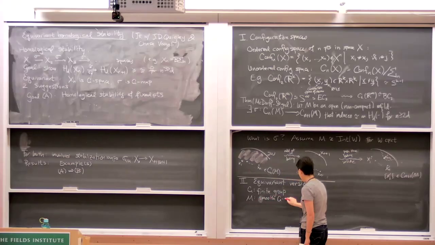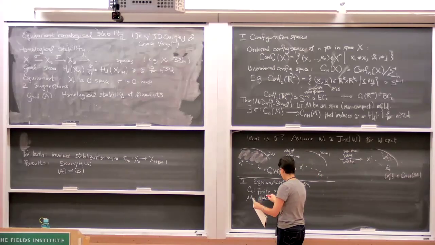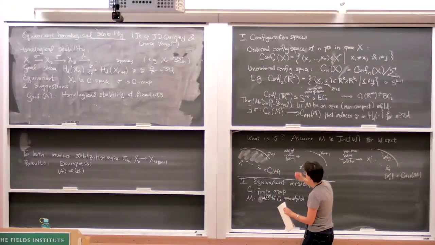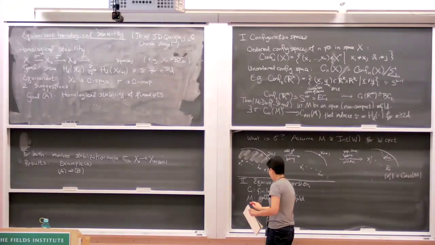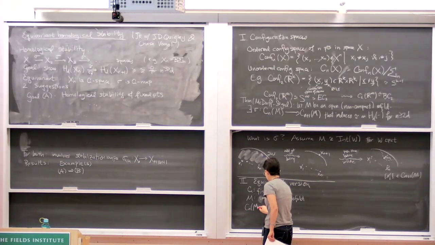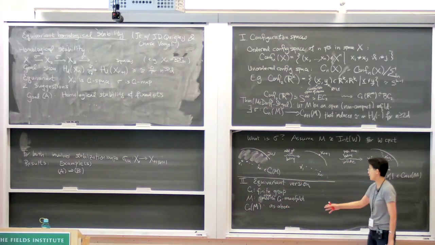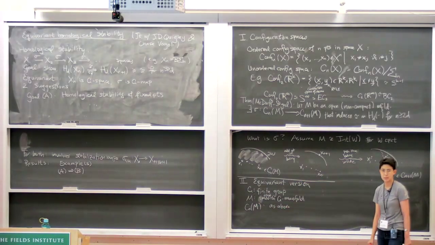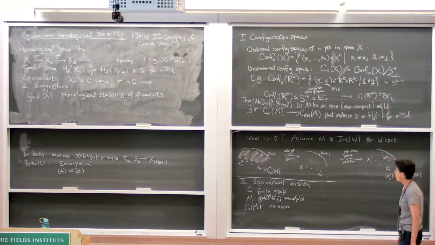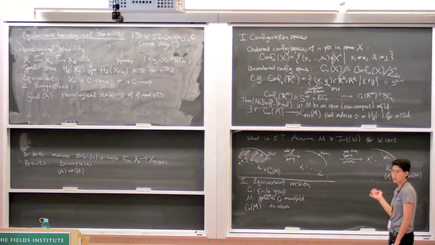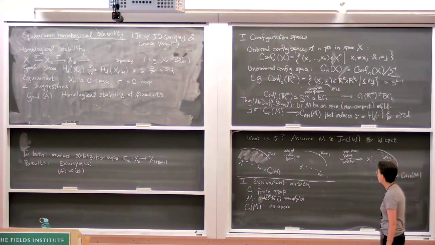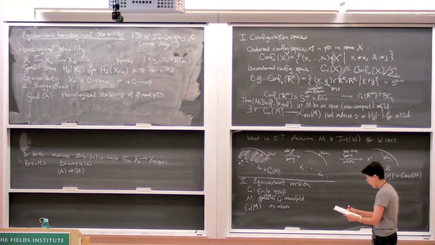So G acts smoothly. I should say open smooth manifold in order to match these hypotheses. Cn of M, I'm just going to say as above. So in particular, M has an action, but when I'm choosing my configurations, I don't have to do anything different. I don't have to choose configurations that respect the action somehow. I'm just choosing any unordered subsets of n points.